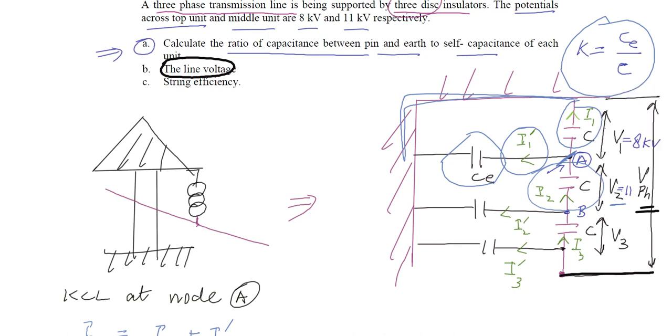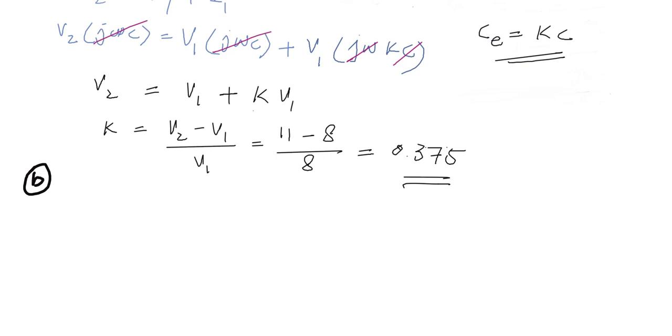And phase voltage is equal to V phase is equal to V1 plus V2 plus V3.